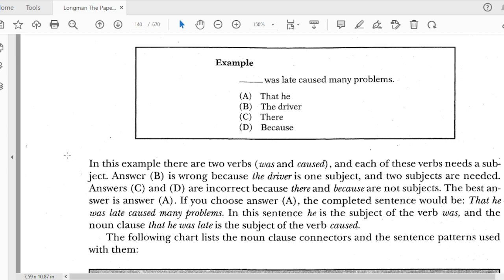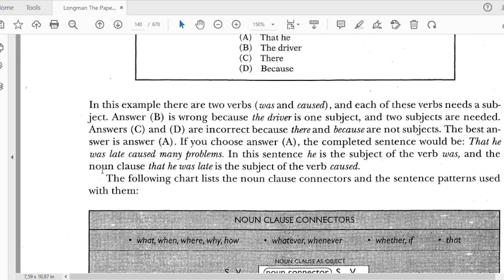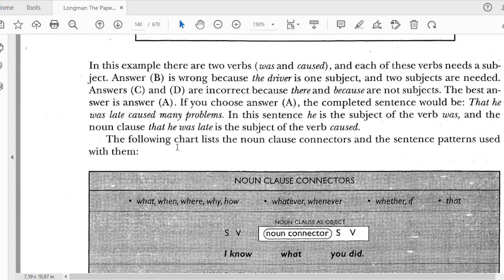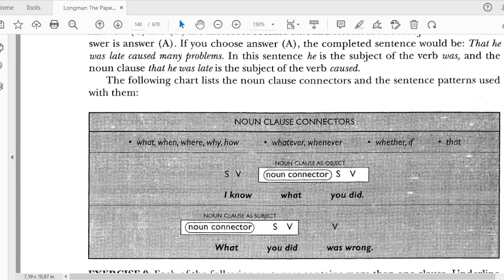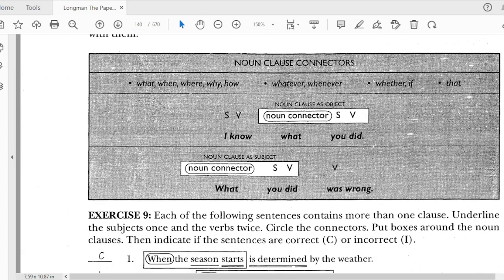The following chart lists the noun clause connectors and the sentence patterns used with them. Okay, we have noun clause connectors: what, when, where, why, and how.